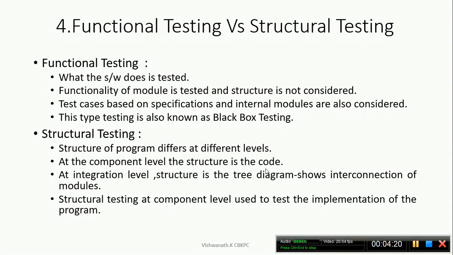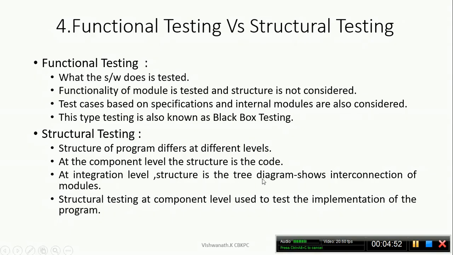But at the integration level, the structure is a tree diagram that shows the interconnection. As in the first point, the structure of the program differs at different levels. The structure of code or of a model may be different at different levels. So in the third point, at the integration level, the structure is a tree diagram. What is the tree diagram here?